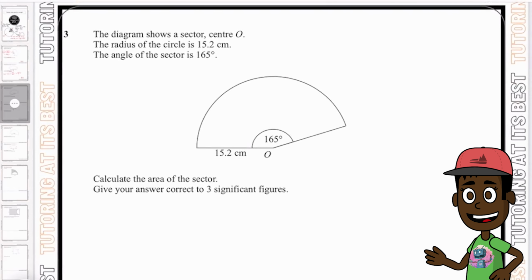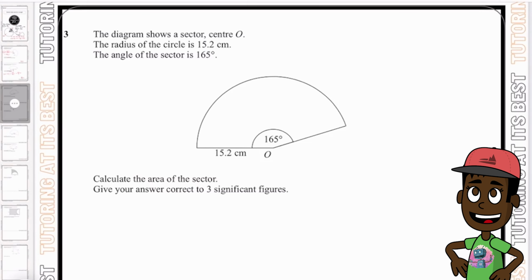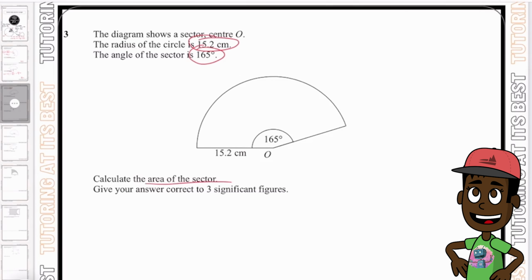Okay, question 3. Feel free to pause the video at any given time, attempt the question, and then press play. By now, you should be comfortable with the 2 formulas that we have been using. Okay, so we have our radius, we have our angle, and we know it's the area of the sector that we're after.